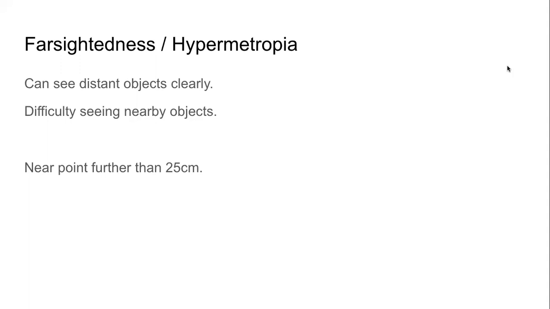Near point is the minimum distance जहाँ पे कि हम बिना अपने eyes को stress किए हम देख सकते हैं. But because of some reason, some changes in the eye, maybe our near point has moved further away. हम पास रखेंगे तो नहीं दिख रहा है, हम दूर रखेंगे तो दिख रहा है. मतलब हमारा जो near point है, it is no longer 25 centimeters, maybe it is 30 centimeters, 35 centimeters.